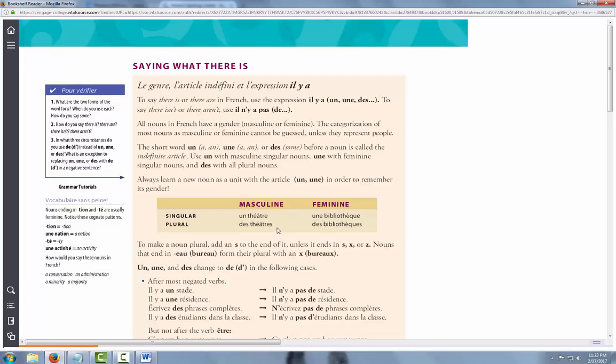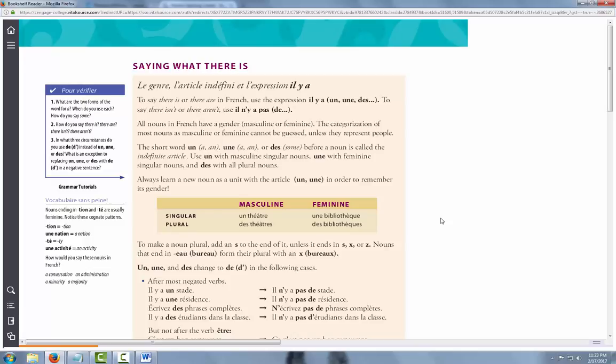So in French, when you're learning new words, you have to learn them with their gender, with the article un and une, or as we see later, with the article le or la. Some students find it easier to buy flashcards in two different colors. For example, blue flashcards for masculine nouns, and they write all the feminine nouns on pink flashcards, or red flashcards, all the verbs on yellow flashcards.